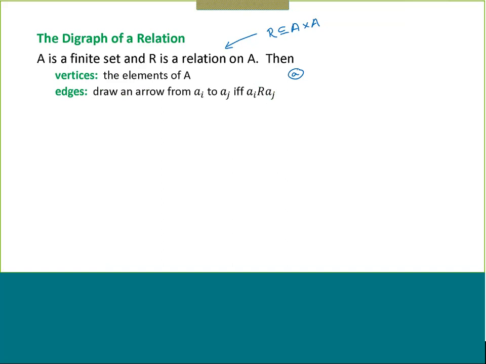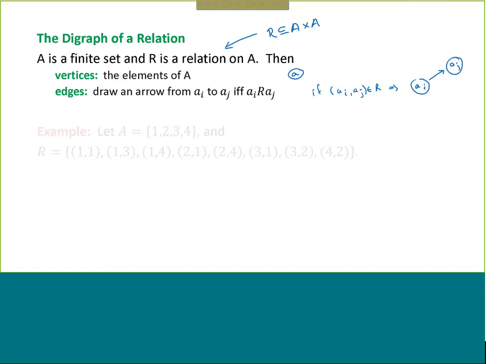This says if we have two elements inside of our relation, this means that in the graph you're going to have the directed edge starting at the first position and going to the second position. Okay? Now, that's it. That's literally all the directions you need.